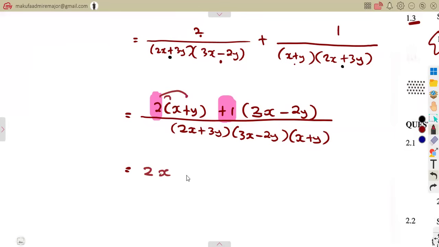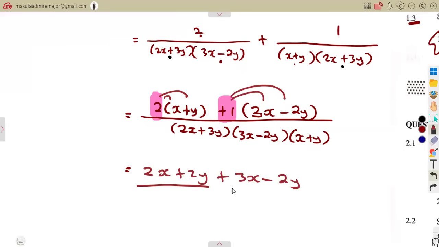In the first bracket, that's 2x plus 2y. 1 also multiplies everything in the second bracket. So that was going to be 3x minus 2y if you multiply everything by 1. The brackets as they are, we're just repeating. So here, we're just going to rewrite everything as it is.